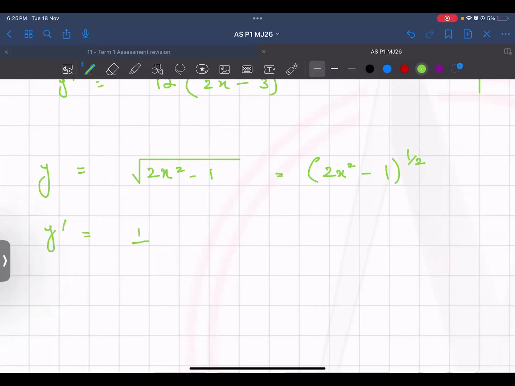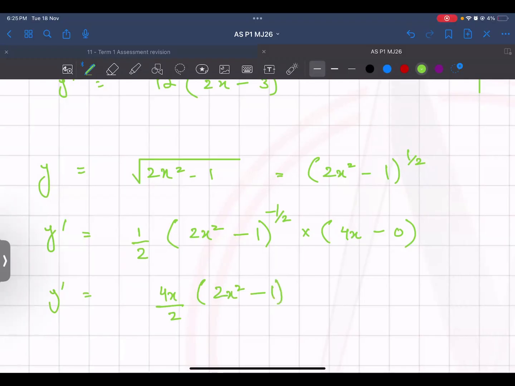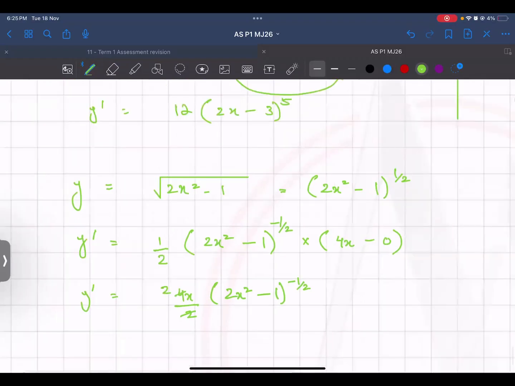The half power comes down, no difference inside the bracket, and the power reduces by 1. Half minus 1 becomes minus half. Then the derivative of the inside: 2x square minus 1 becomes 4x minus 0. If you want to simplify, this becomes 4x upon 2 times 2x square minus 1 power negative half. The half and the 2 cancel out. This is the final answer.